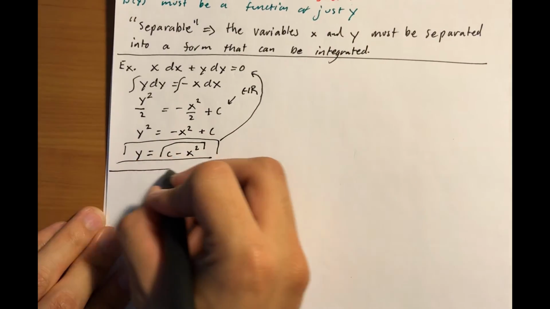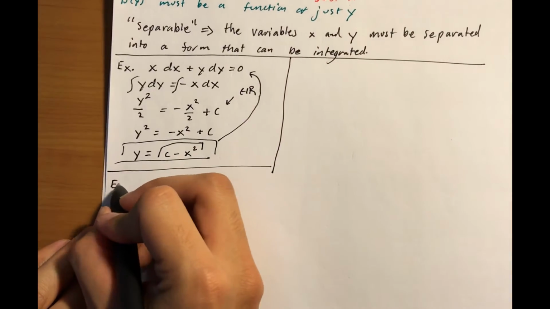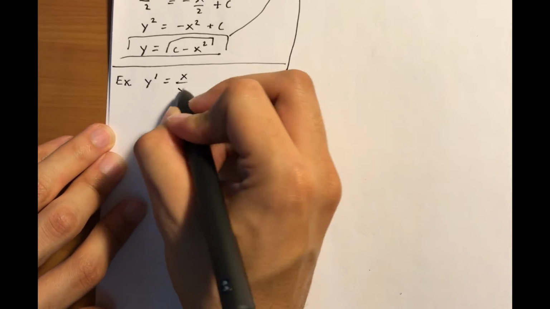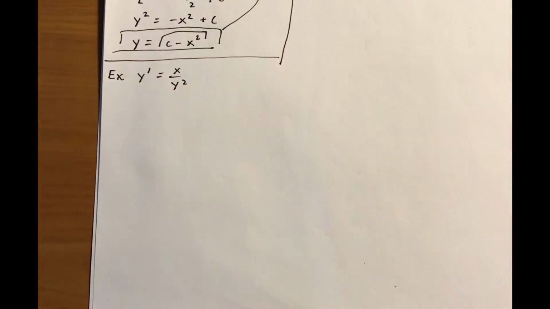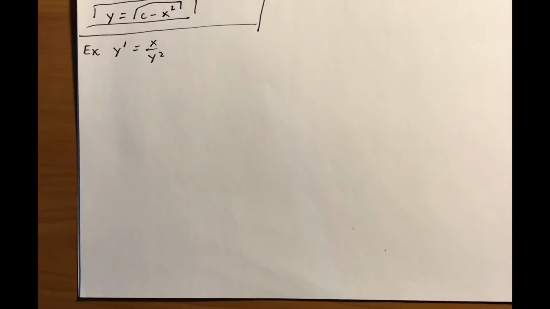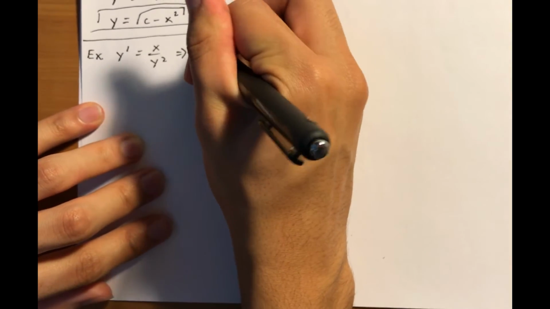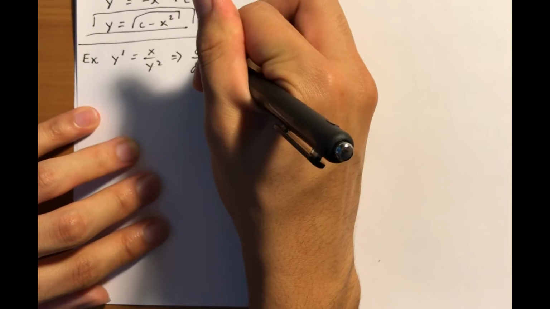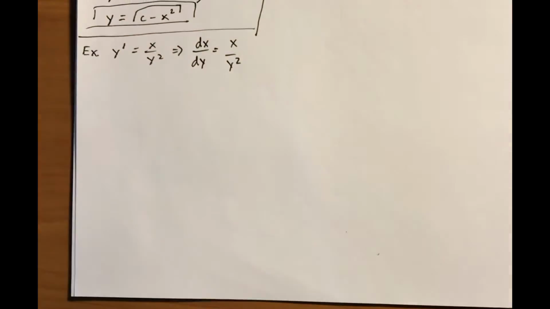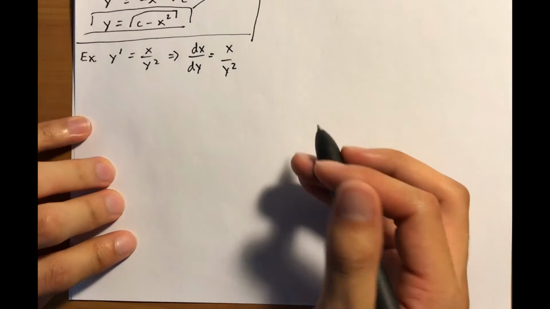So to go over more examples, another example I have is this right here, y prime equals x over y squared. y prime is the same as the first order derivative of y, which can also be written as something like this. dy over dx is the same as y prime, it just means the derivative of a function with respect to x.